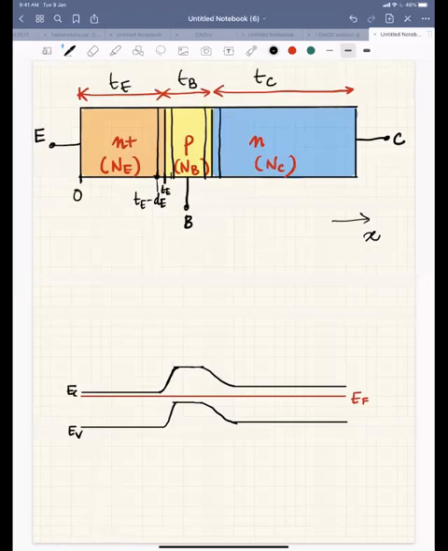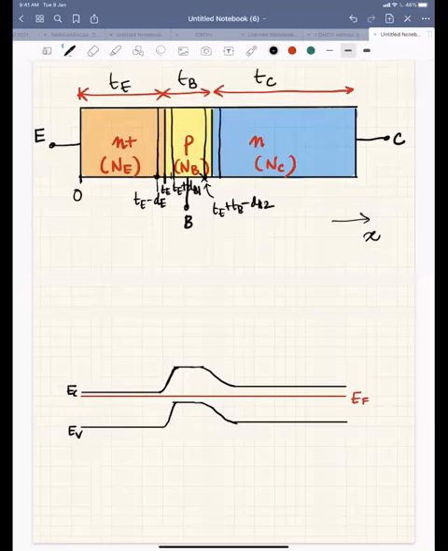And this is TE plus dB1, because if you look at the P region, there are two depletion widths, one on the left side, one on the right side. The left side is TE plus dB1. Then on the right side, this will be TE plus TB minus dB2.